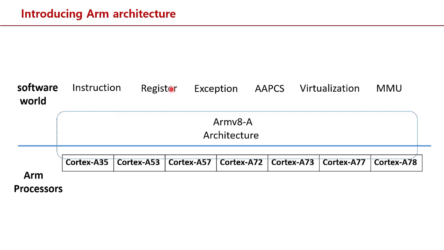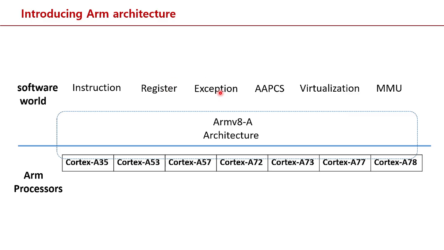Another feature is register. In the ARM version 8 architecture, there are 4 types of register that include general purpose register, special register, P-state or SPSR-EL1 register, and system register.